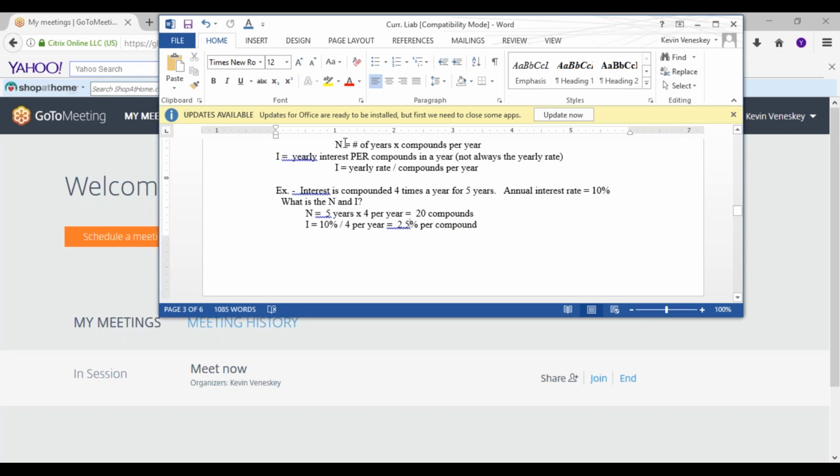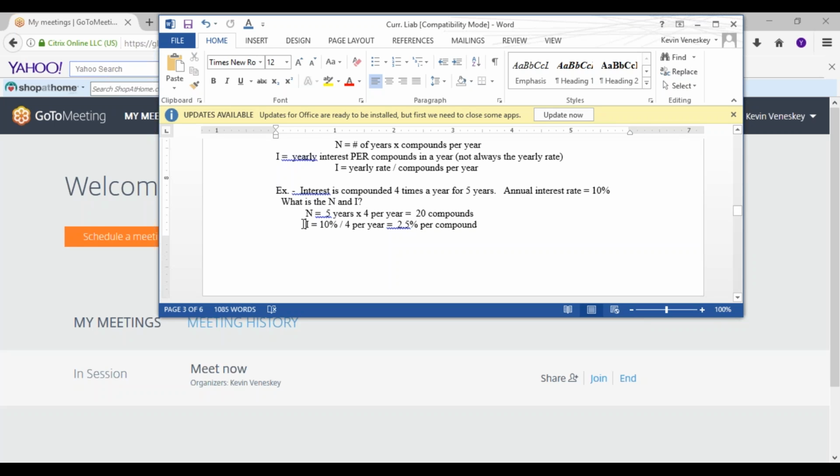So remember, for the N, you take your number of years in whatever this scenario is, so it'd be 5, times the number of compounds a year. We're compounding it 4 times a year. So I'm going to have 20 compounds when I'm looking at my chart. I'm going to go down to that N period of 20.